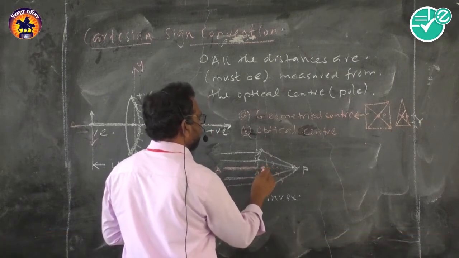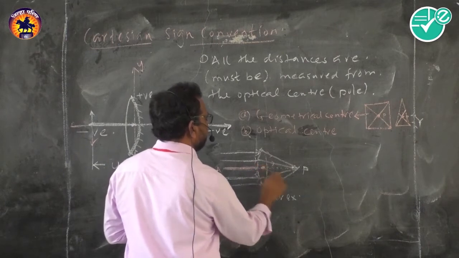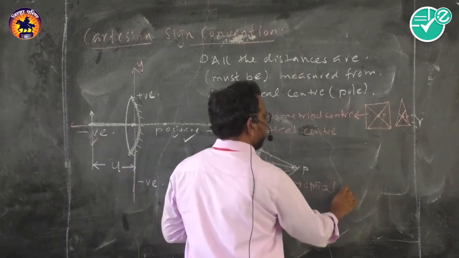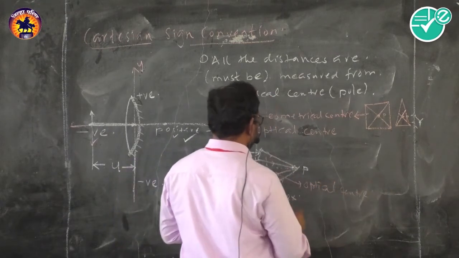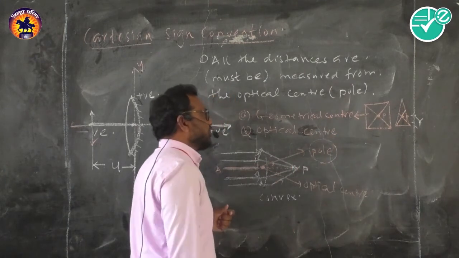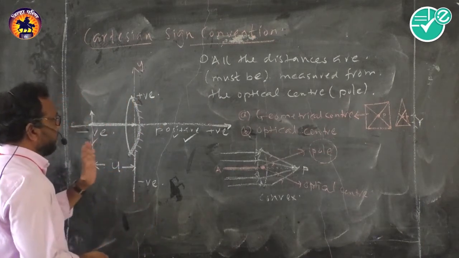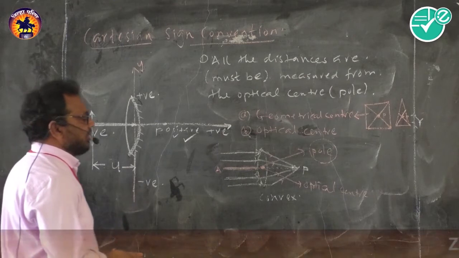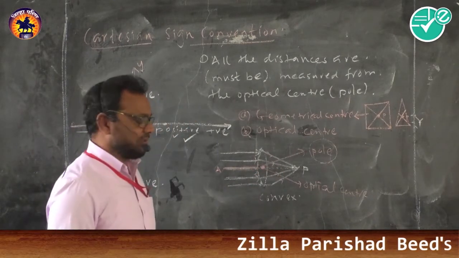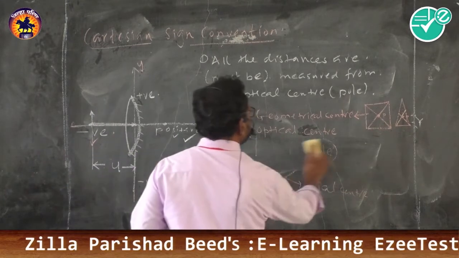So that point from where the ray never deflects is called the optical center, or it can also be called the pole. So in optics, whenever we measure a distance, we should measure it from the optical center or pole of the lens.